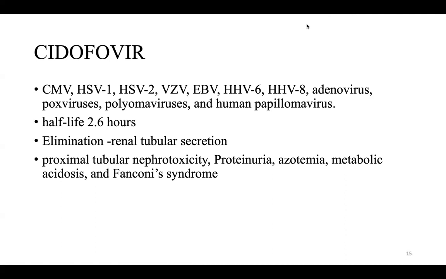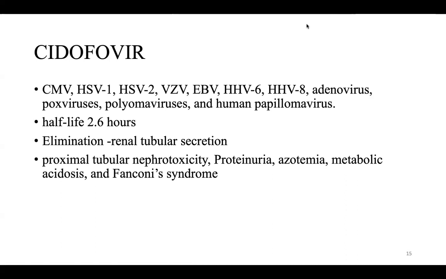The primary side effect of intravenous cidofovir is dose-dependent proximal tubular nephrotoxicity, which may be reduced with prehydration using normal saline. Proteinuria, metabolic acidosis, azotemia, and Fanconi syndrome may occur.